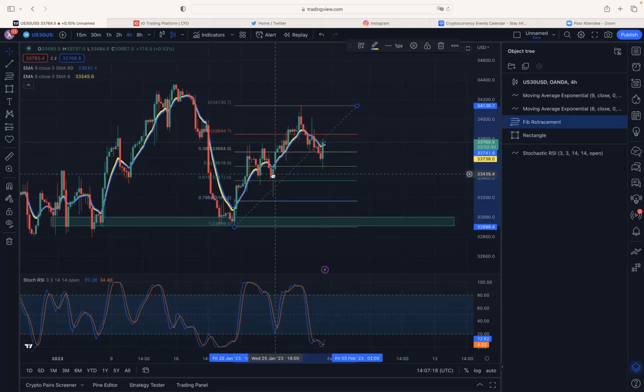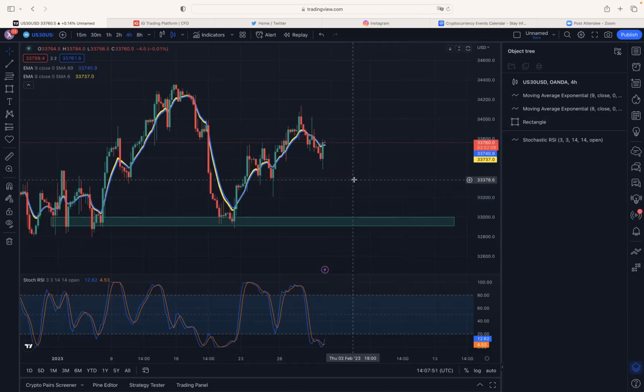As you can see, it tests 0.5. So what you need to do is wait for the next candle, whether it is going to go all the way to 618 and then shoot from there, or if it breaks the 618, then it might be coming down to the main supply, and you take it from there. So basically, I wouldn't enter any trade from here. I would leave it this way.